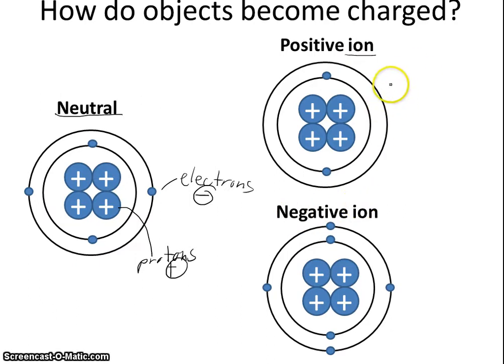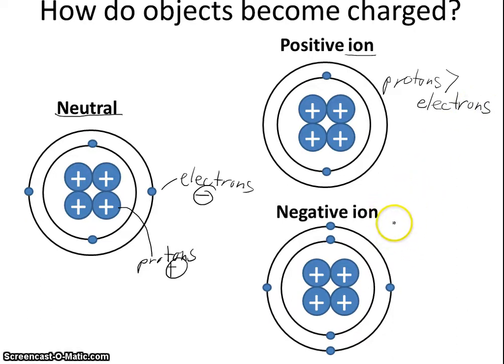A positive ion is an atom where you have more protons than you have electrons. Remember that protons are positive, so if you have more of them, you'll have a more positive atom.